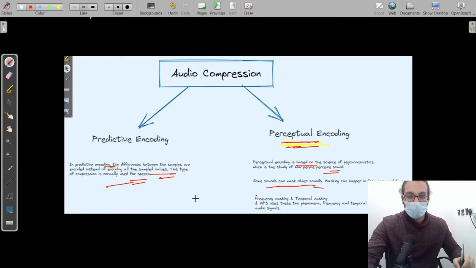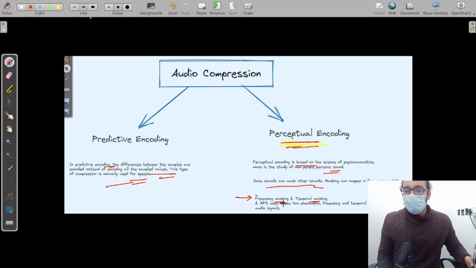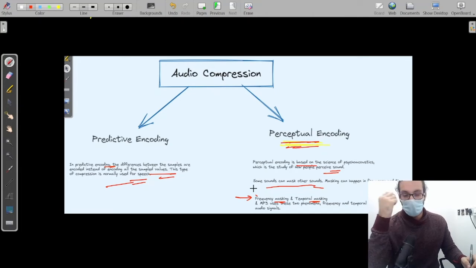That's masking. There are two types of masking: frequency masking and temporal masking. If I am in a gym working out and the audio is very, very loud, and I'm not able to listen to my friend sitting there because the audio in the gym is very loud, that's known as frequency masking.